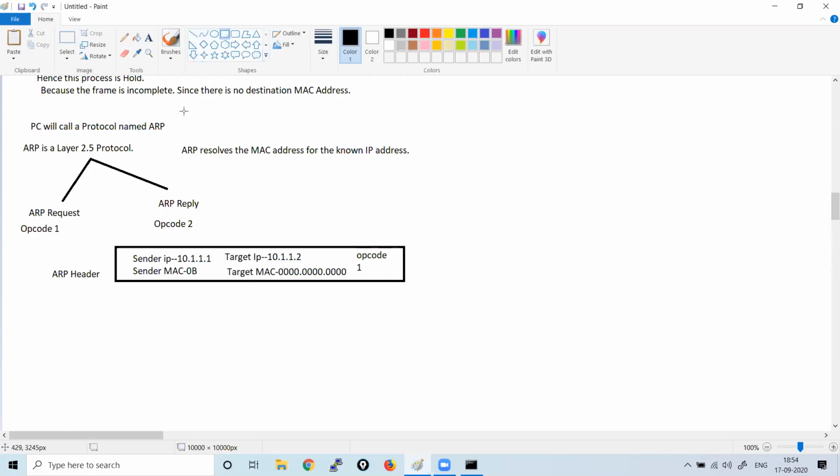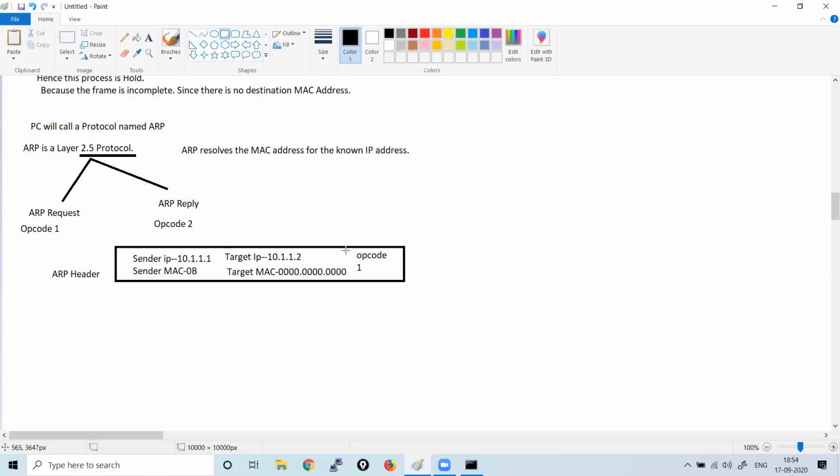One thing I was mentioning: why is ARP layer 2.5 protocol? Do you see the header? You should see something. Compare this with the IP header. What are all the fields involved? Source and destination. Correct.